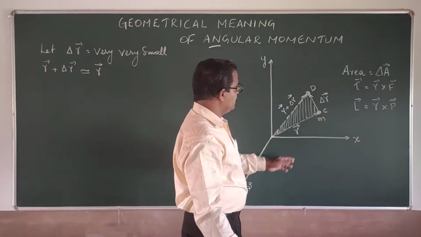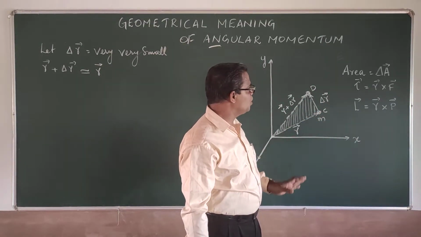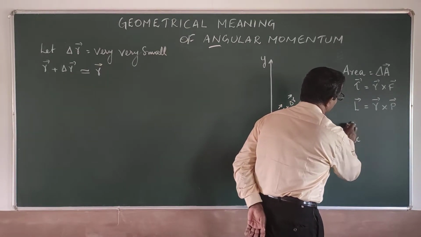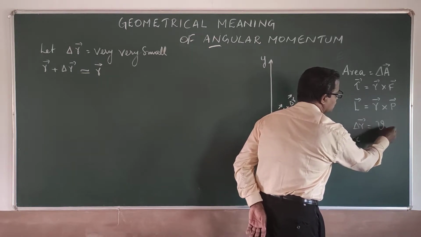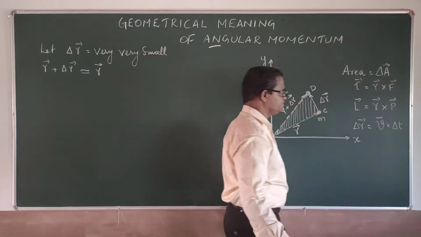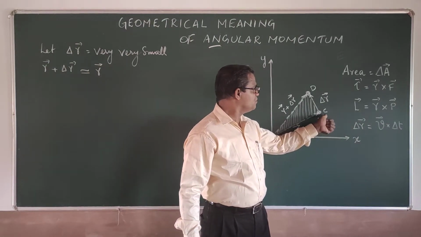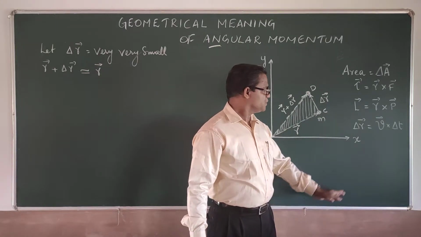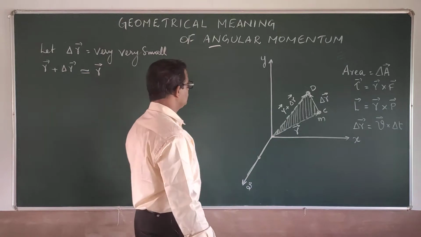And as this small displacement takes place in a very small time, delta t seconds, delta r can be equal to the velocity into delta t, where v is the velocity with which the body is shifting from C to D. So delta r equals v into delta t.